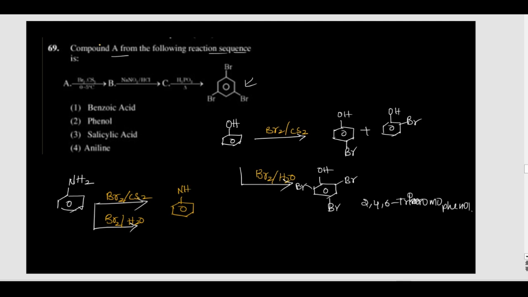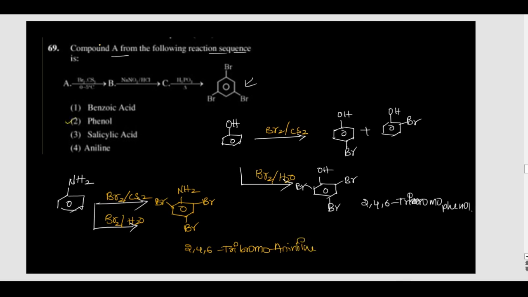Due to its reactivity, the bromine will attack the ortho and para positions. We will get this 2,4,6-tribromoaniline. So you should know the difference between these two.